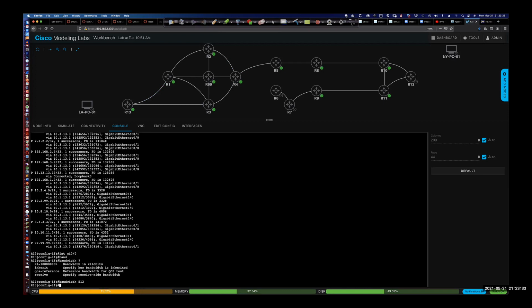And let's see if I lowered it enough so that that path to router 1 is not going to meet the feasibility condition. And then router 1 would not be a feasible successor. And we can see this by saying, do show IP EIGRP topology. And there it is.